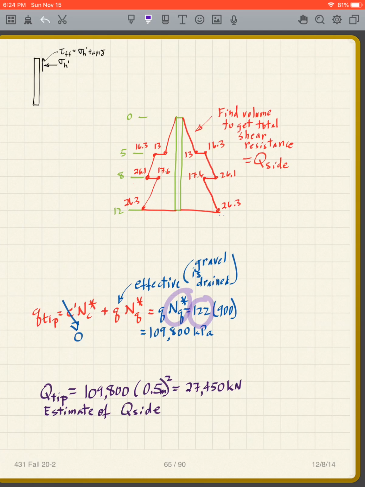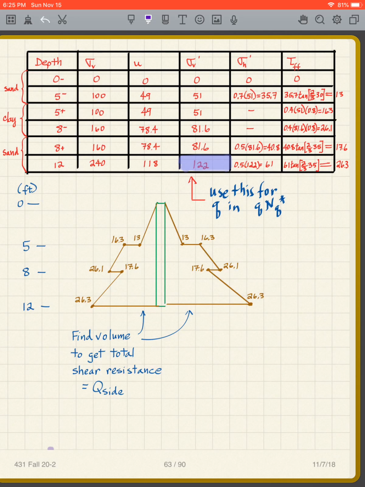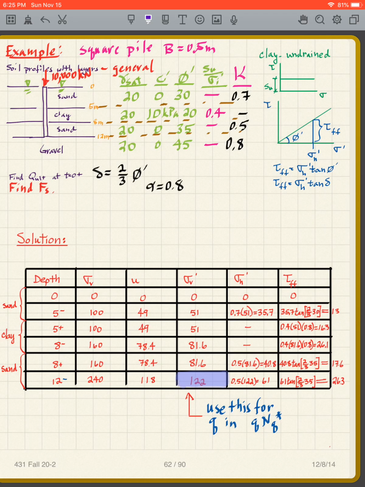We look at our NQ star, and our friction angle comes up with 900. So NQ star is 900 from our chart. Let's just take a look at it. I guess we can go back. Remember, we use the phi prime in the gravel. So the phi prime in the gravel is given to be 45 degrees.